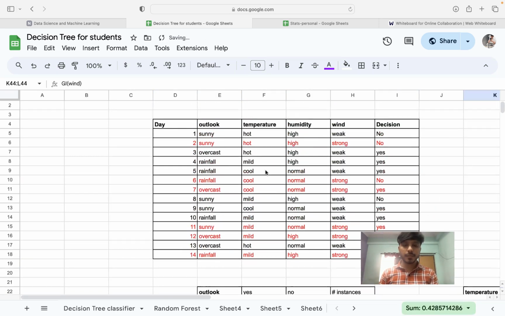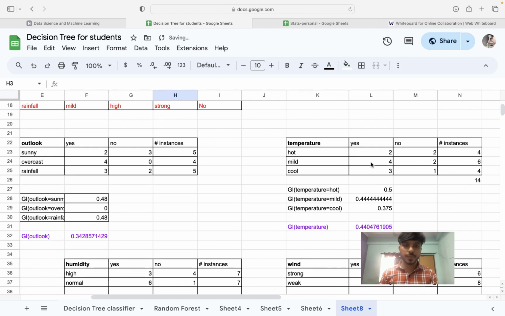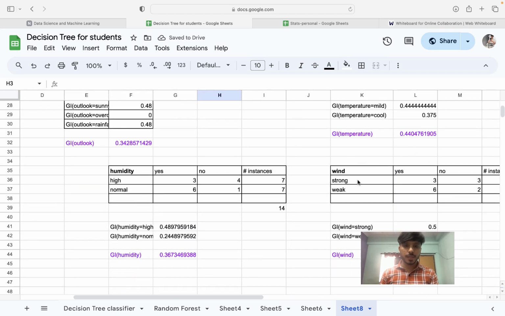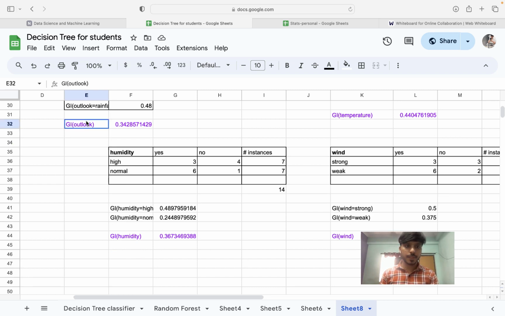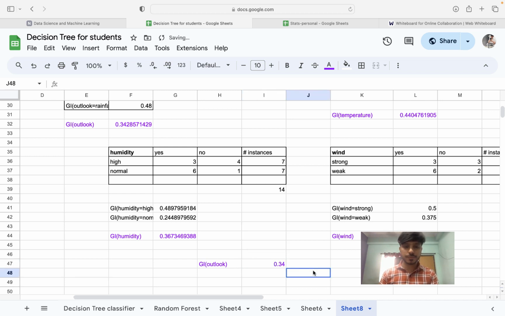And if you see, we are done with all the independent variables. The only one left is the target variable. So we are not going to calculate Gini impurity for that, as that is our target variable. So if you check all these values and put them in one place, let me write them here. 0.34. Okay, I'm just taking the first two digits.